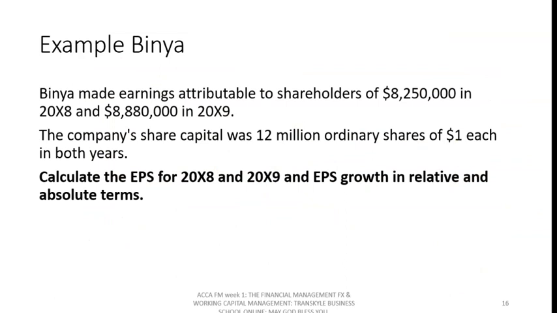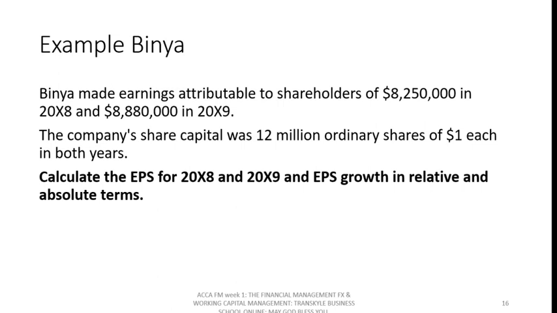Binya made earnings attributable to shareholders of 8.25 million in 2008 and 8.88 million in 2009. The company's share capital was 12 million ordinary shares of $1 each in both years. Calculate the EPS for 2008 and 2009 and EPS growth in relative and absolute terms.